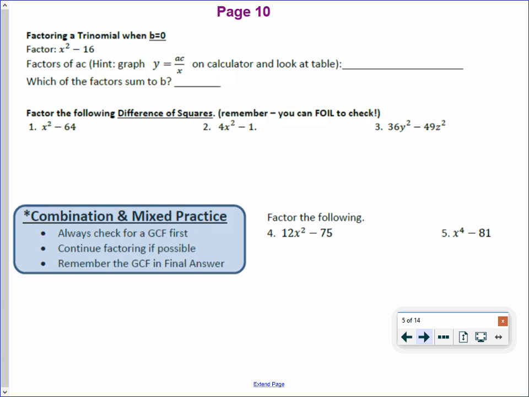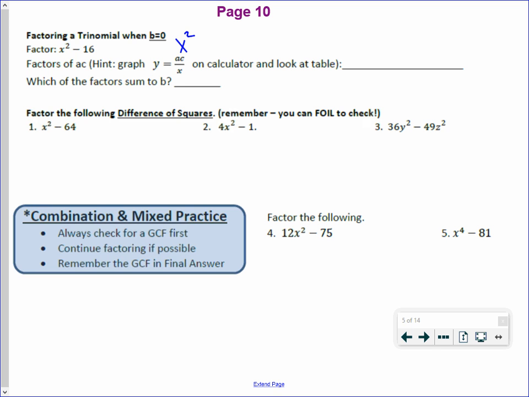So let's go ahead and actually factor a trinomial when b equals 0. For this example here, we have x squared minus 16. We're not actually going to find the factors of AC and do it that way. We're going to go straight into factoring this with our difference of squares formula. So we have x squared minus 16. What I like to do is rewrite this into two squares.